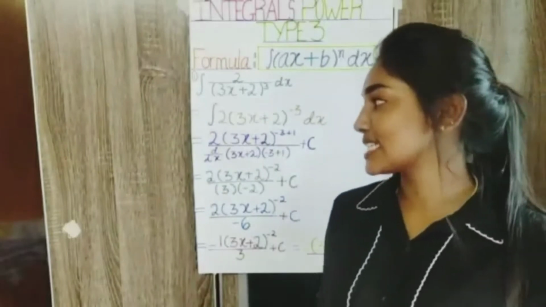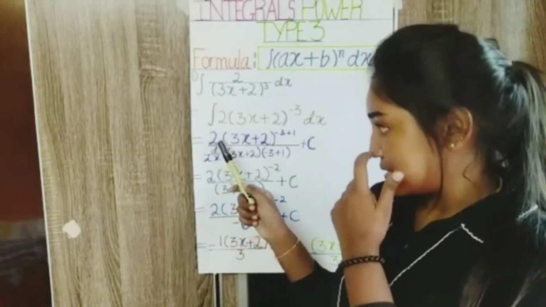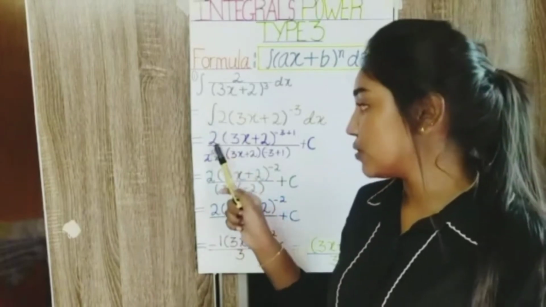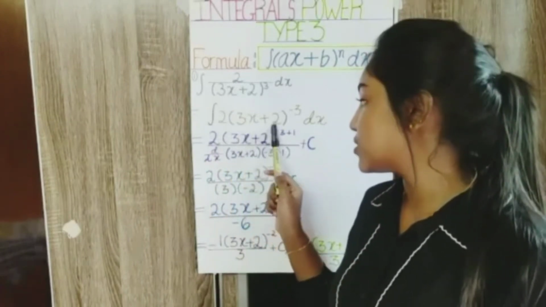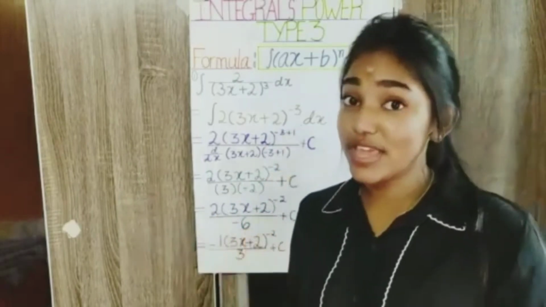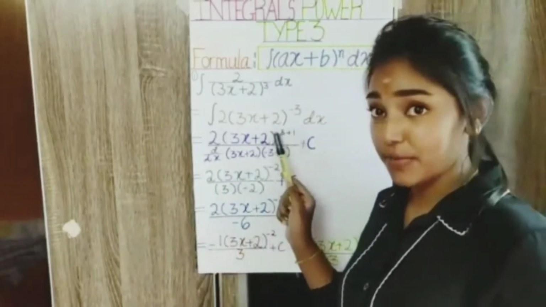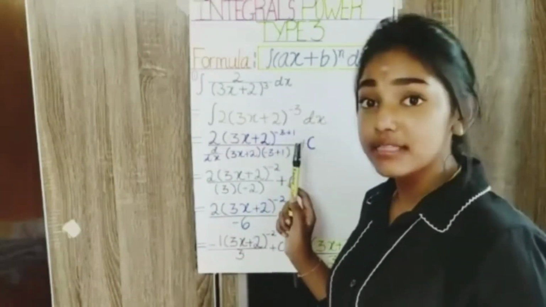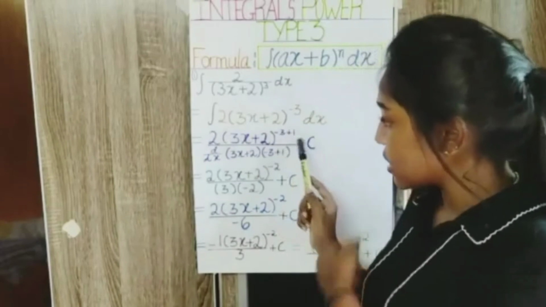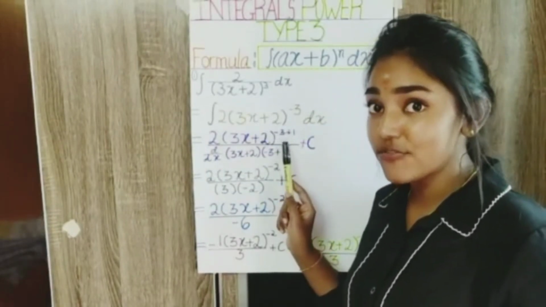So our next step will be, we have to write this equation, which is 2 (3x + 2) to the power negative 3, and we have to add or plus 1 with this base number. Okay, this is the first step. We have to plus 1 with the base number. This is the formula.